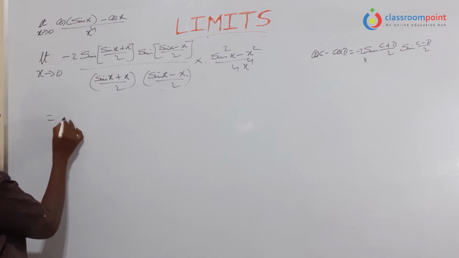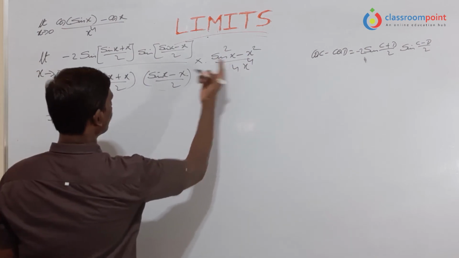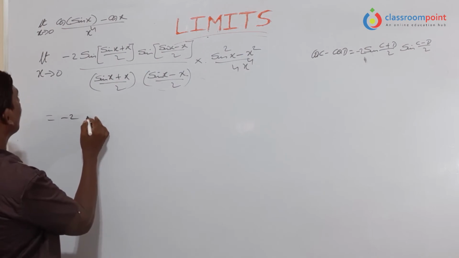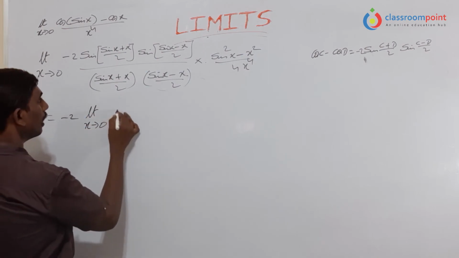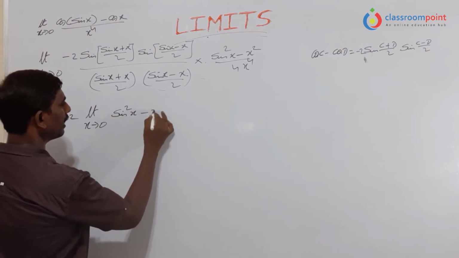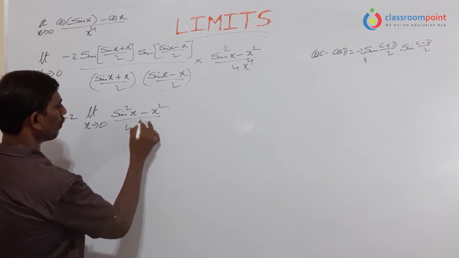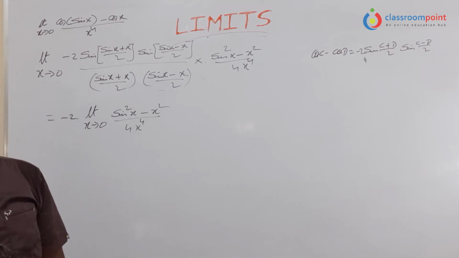Now what is the remaining we have? It is minus 2 as it is. What about this one? Limit x tends to 0 of sin square x minus x square by 4, over x power 4. This is the remaining value we have, right?